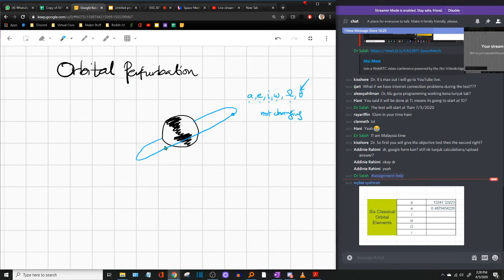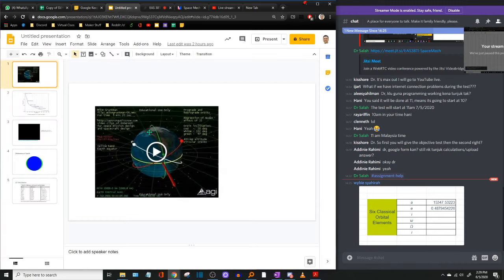The perturbation forces are usually very small, but as they act over time, they will change our orbit over time. So some of these elements might change a bit, something like that. I'm not doing a good drawing here, but let me show you an example.